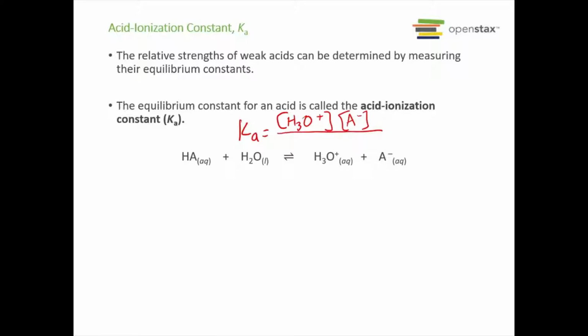Good thing we don't do A minuses in the semester system. Divided by your concentration of your starting acid, your HA. So these concentrations are at equilibrium. The larger the Ka, the larger the H3O, the stronger the acid.